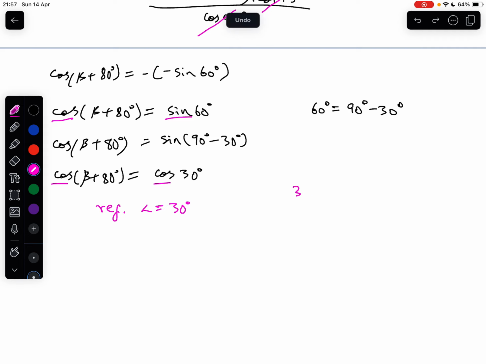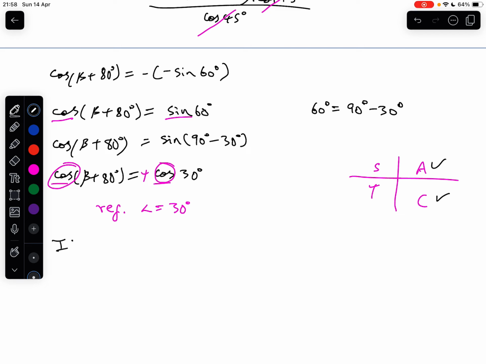Then we say, because this is positive, we look for the quadrants where cos is positive, because we're dealing with cos here, and that will be the fourth quadrant and the first quadrant. So for our first quadrant, the angle on the left hand side equals the reference angle plus k, 360 degrees.